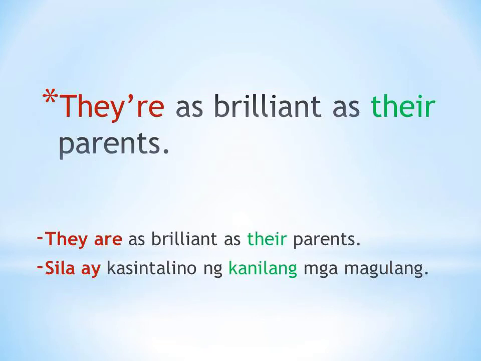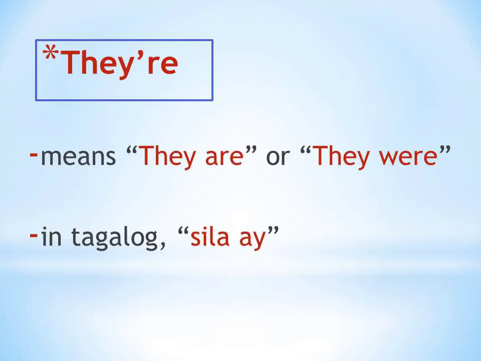Another example is, they're as brilliant as their parents, which means they are as brilliant as their parents. In Tagalog, sila ay kasintalino ng kanilang mga magulang. Again, they're means they are or they were. Or in Tagalog, sila ay.